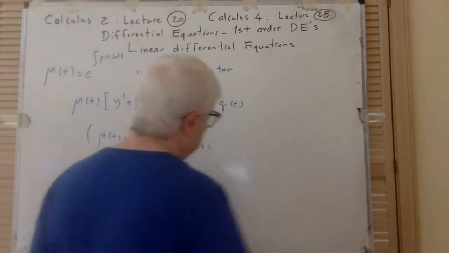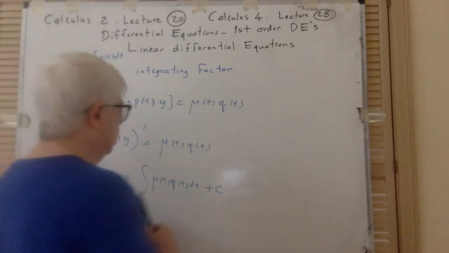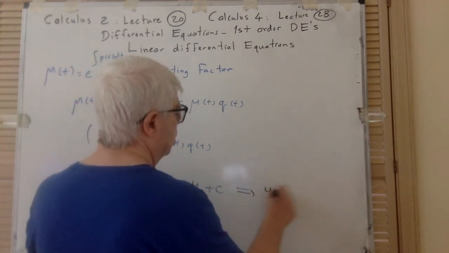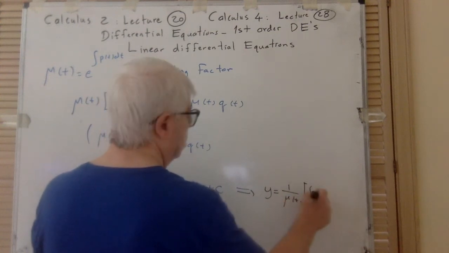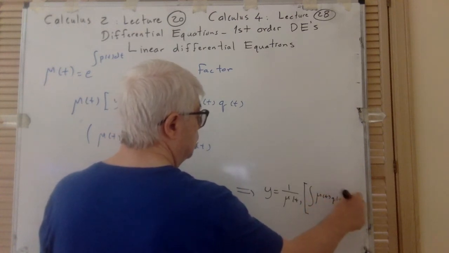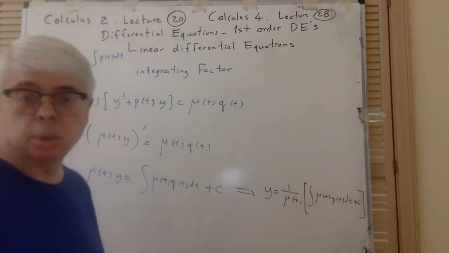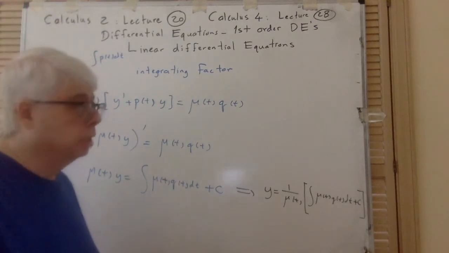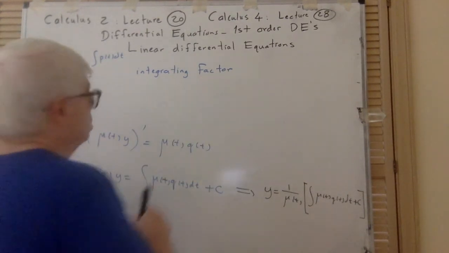So the solution to this equation is simply, if I solve for y, 1 over mu t times the integral of mu t q t dt plus a constant inside these brackets. So that constant is inside that bracket. So with the integrating factor, this is the solution.